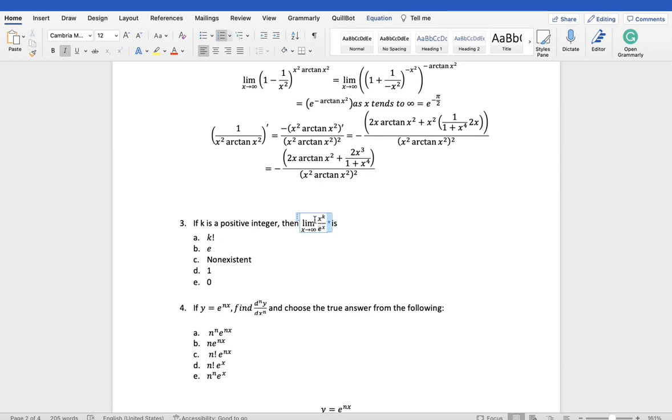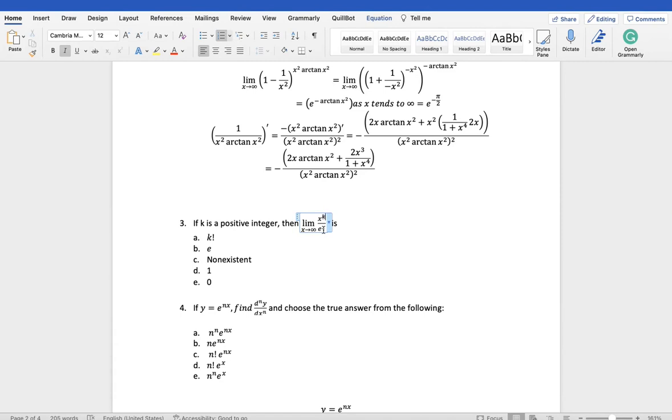So now what you have to use is the fact that if you sketch the function x to the k and the function e to the x, and k can be any positive integer, as they told you, you will see that as x is going to higher and higher values, x to the k is getting bigger and bigger, but at a slower rate than e to the x is getting bigger.